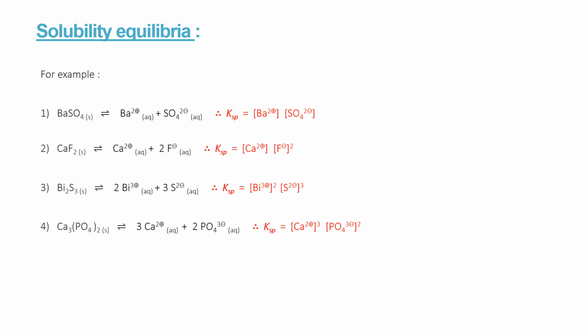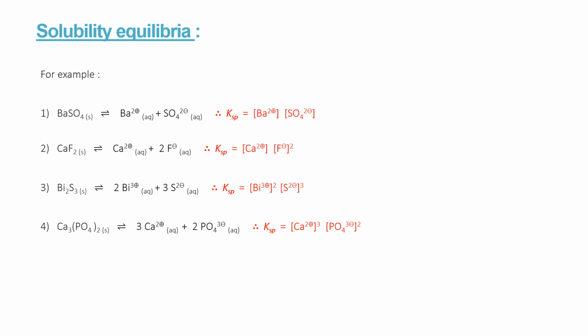First example is BaSO4, which dissociates into Ba2+ and SO4 2-. The coefficients for barium and sulfate are 1, so Ksp is equal to [Ba2+] raised to 1 into [SO4 2-] raised to 1.